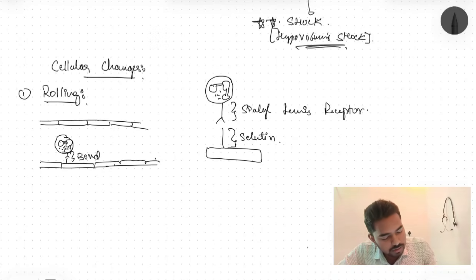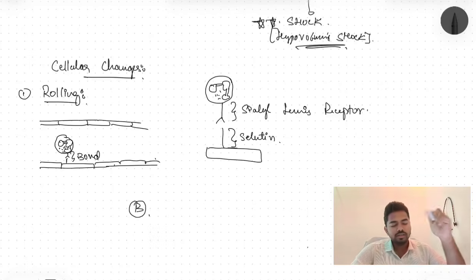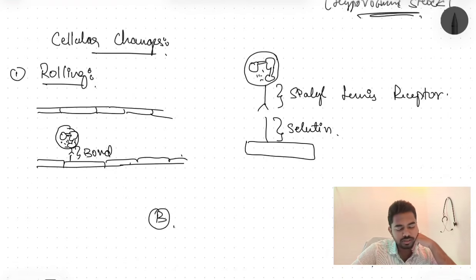See, there is a bacteria here, and the WBC should reach here, and it should engulf or eliminate this bacteria. For this process to occur, the neutrophil should reach here. How will it reach?